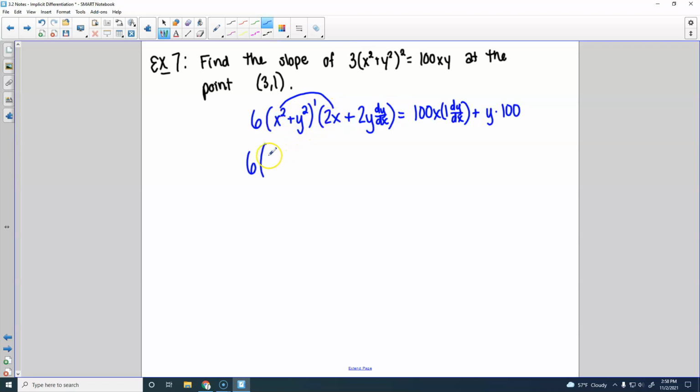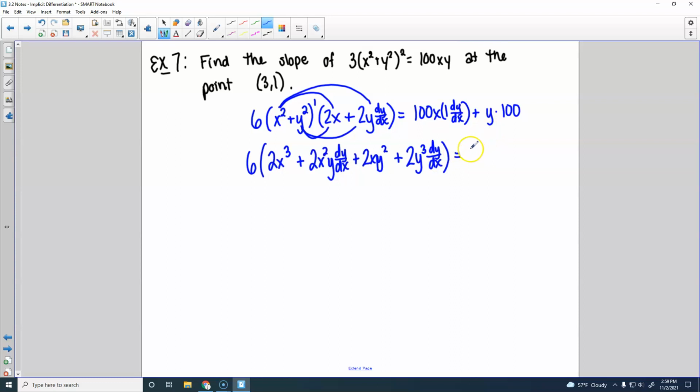So I'm going to have 2x cubed plus 2x squared y dy/dx, plus 2xy squared plus 2y cubed dy/dx.